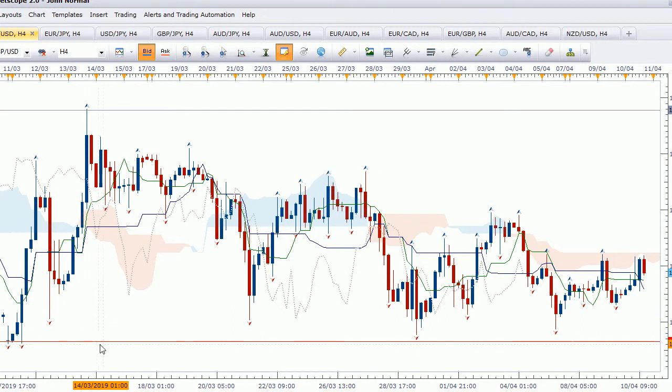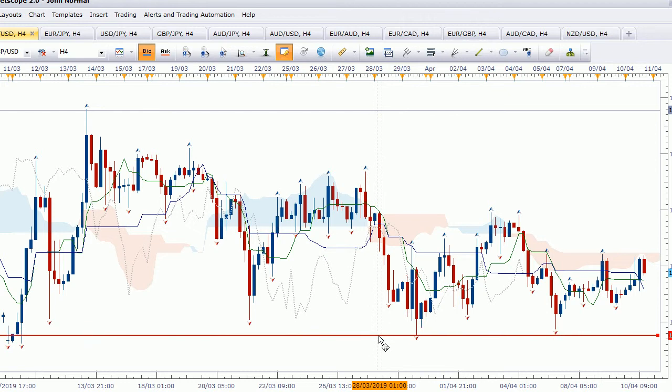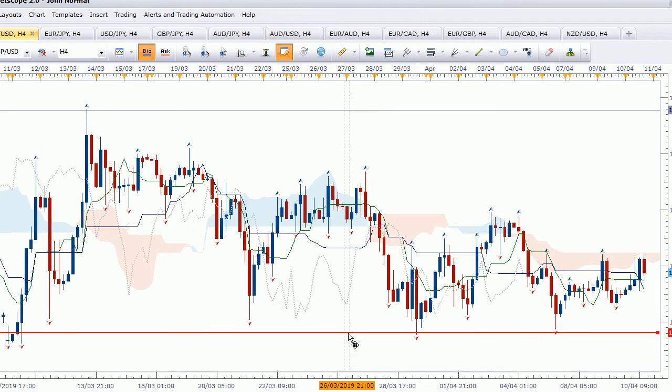It all depends, but I usually put the levels just at the bottom of the candle body, and I allow that wick as well, so at least it gives it some room, because it's not a fixed level, it's like a zone, an area.